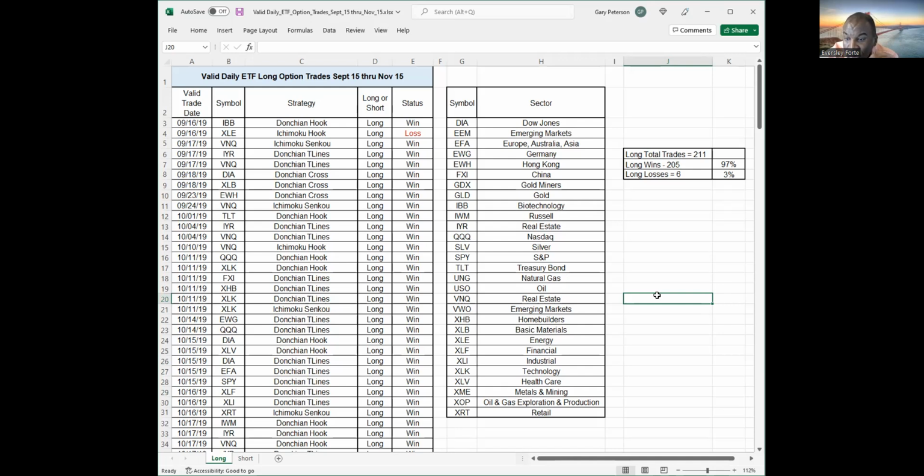For those of you who know our trade strategies, take a look at some of these strategies. You all know these already. So these are some of the strategies we trade. Over the last couple of years, from 2019 through 2021, 97% winning trades. 211 trades total on the long side, 205 winners, 6 losses.